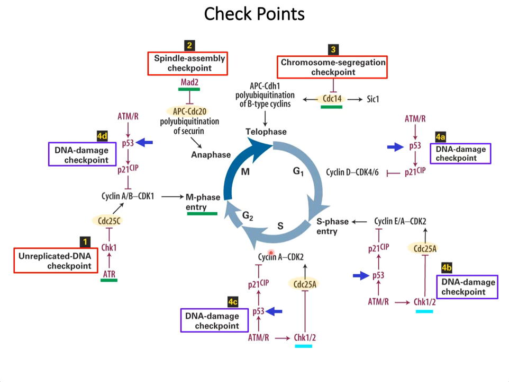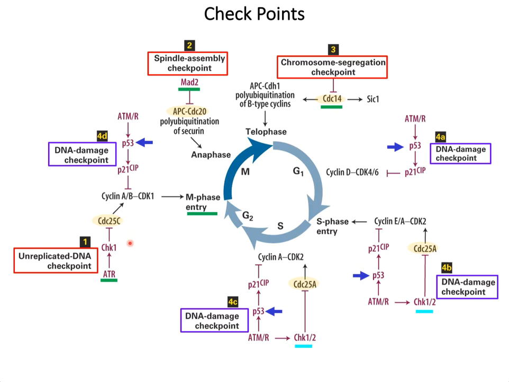So when the cell comes out of the S phase and enters the G2, you would hope that all the DNA is replicated properly. And so there is an unreplicated DNA checkpoint. In other words, the cell is asking itself, is all my DNA replicated? And if it is not, a protein known as ATR in turn can activate a protein known as CHEK1.